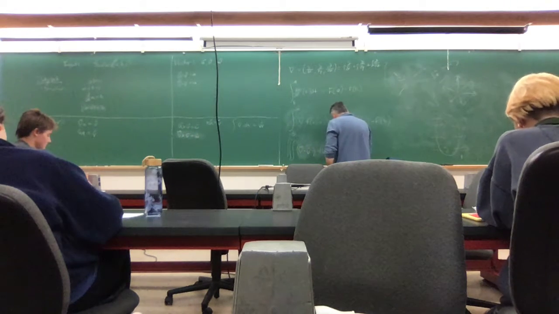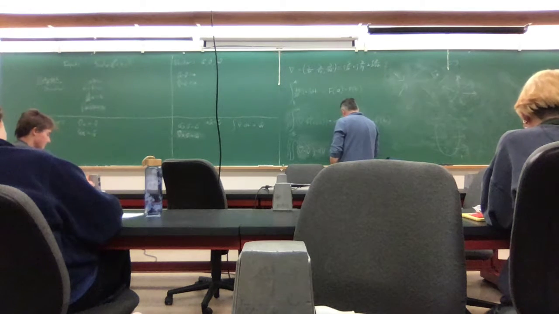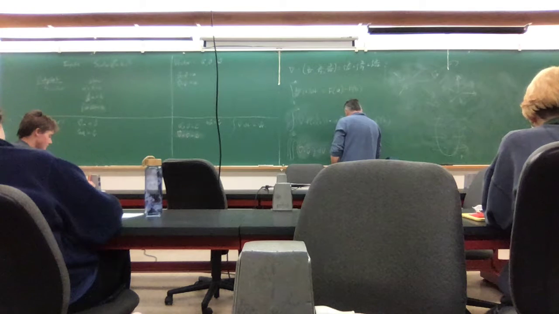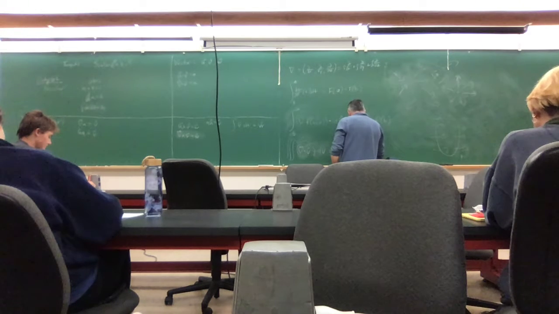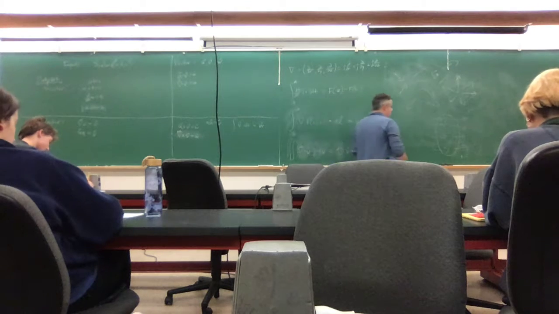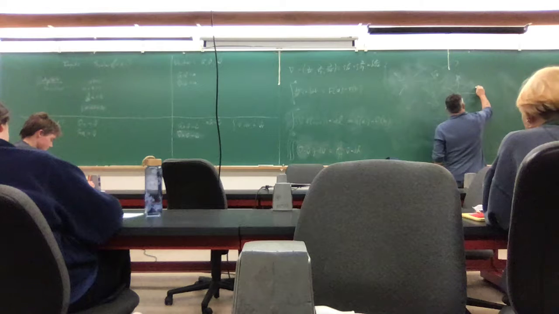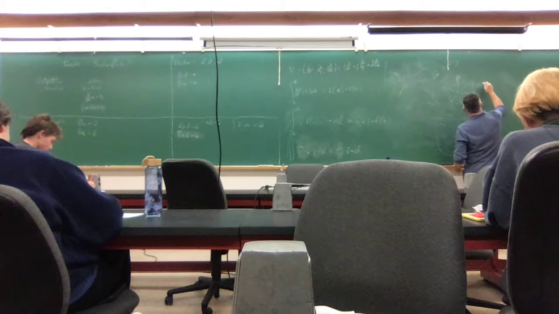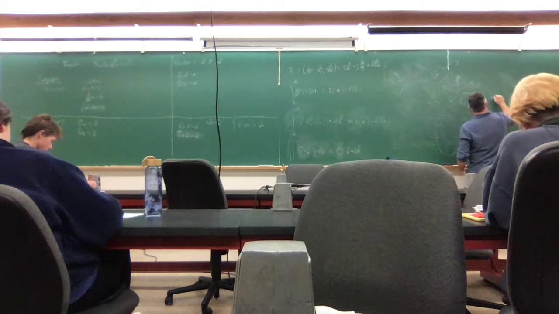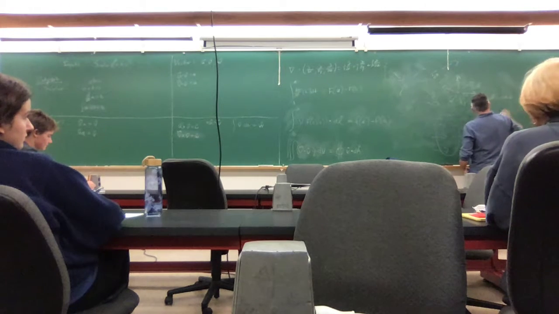It's going to be equal to the closed surface integral where, if I take the normal direction, so the outward normal, the area is equal to an area element in the normal direction.